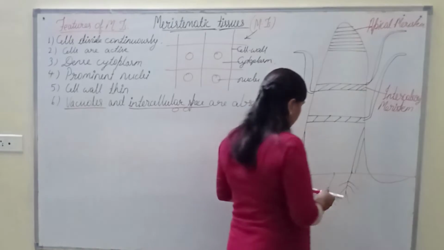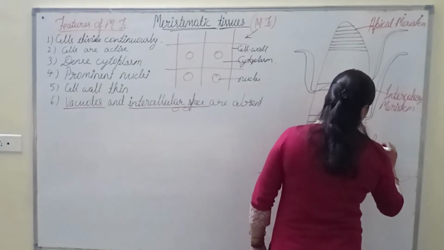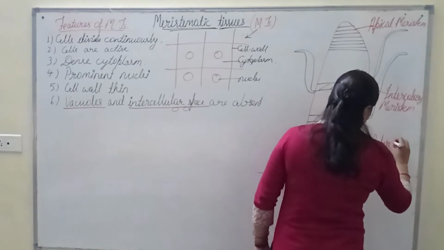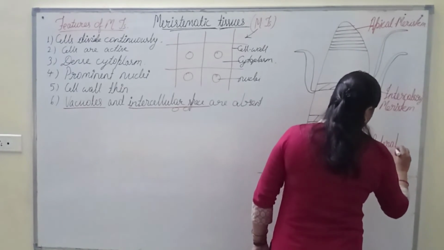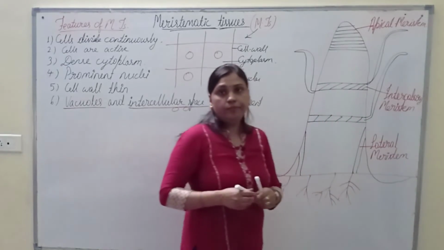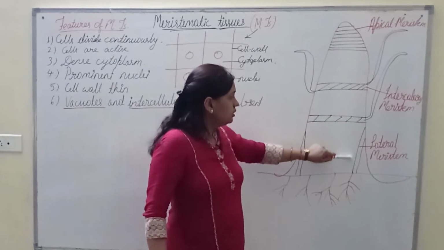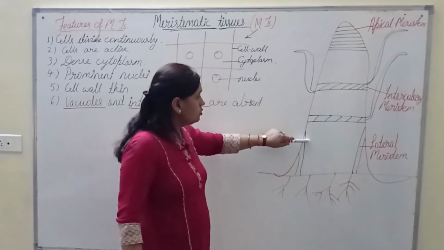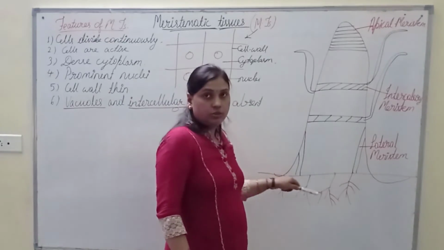Now the third one is lateral meristem. Lateral meristem is found beneath the bark of the tree, and is responsible for the thickness of the stem and also of the roots.